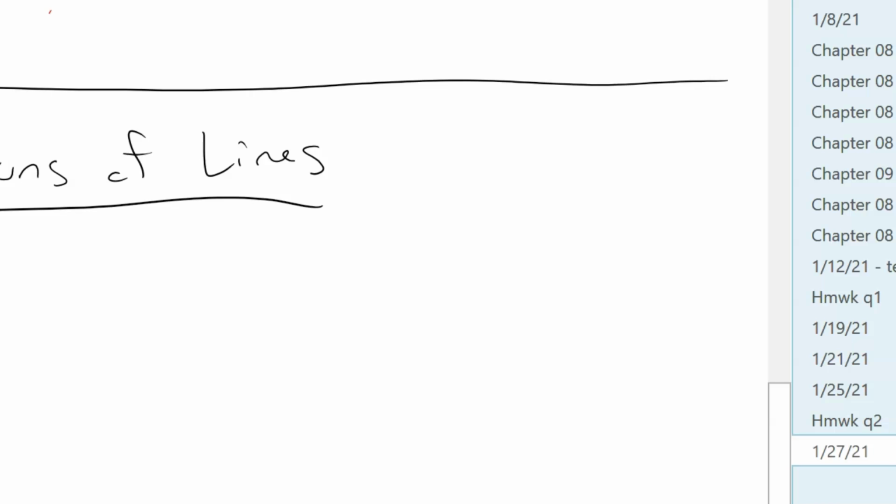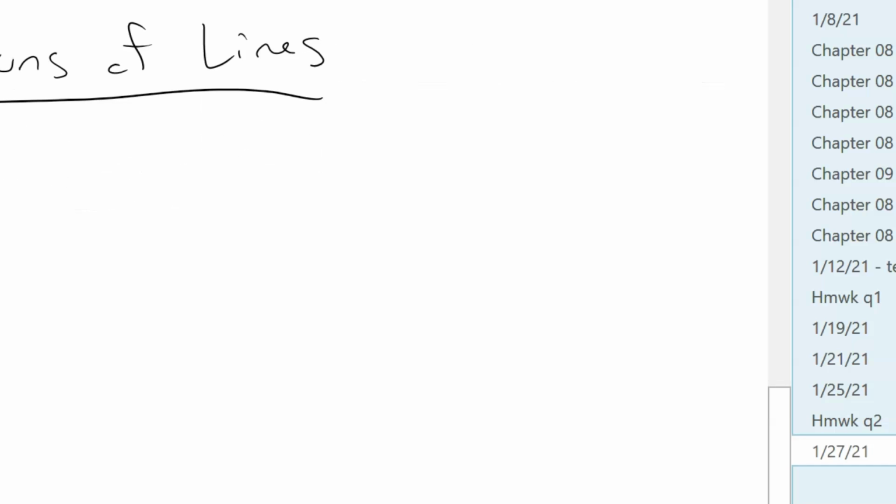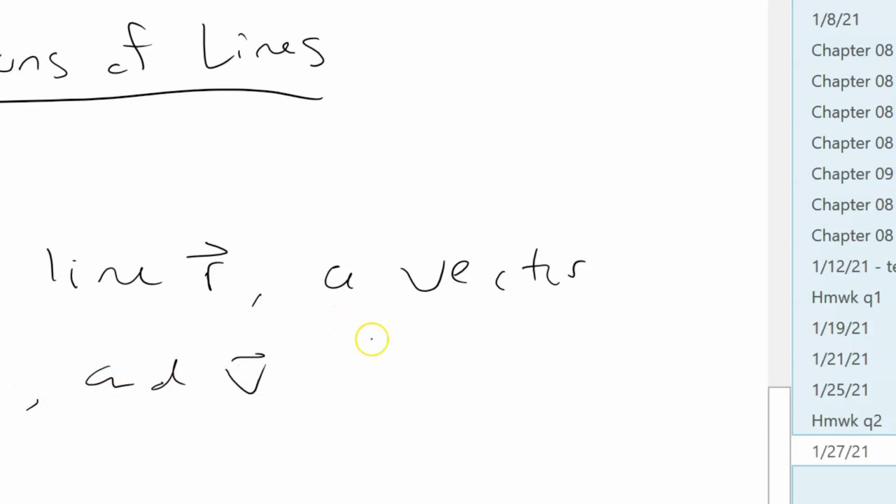So the way we define our equation for the line is exactly the same. Given a point P naught on the line R, and a vector R naught passing through that point, and also another vector V in the same direction as the line R, the equation of R can be given as follows.